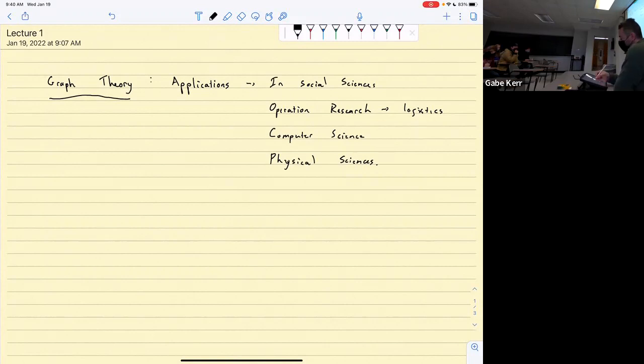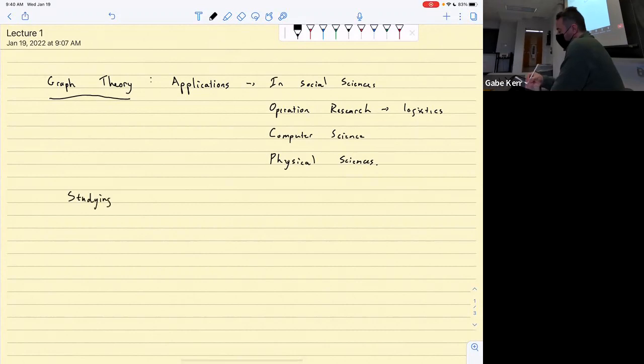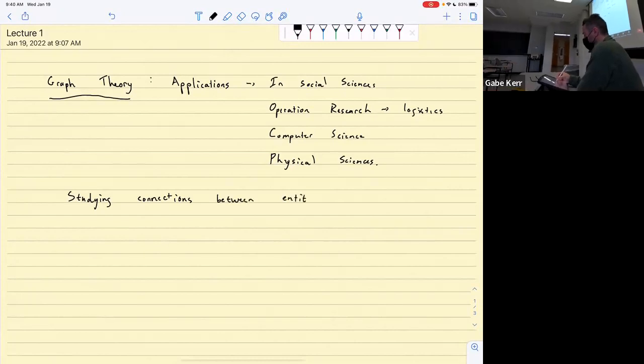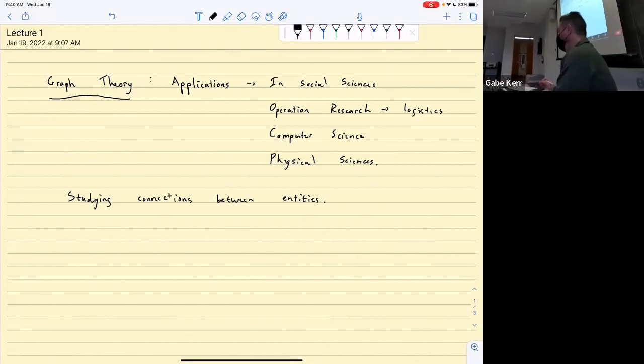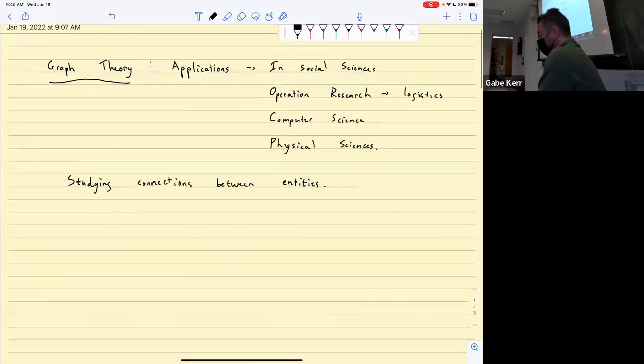And so what is it studying? It's studying connections between different entities. I don't want to take everything at once, and this book does a fairly nice job.